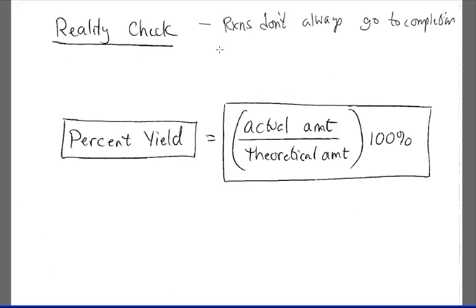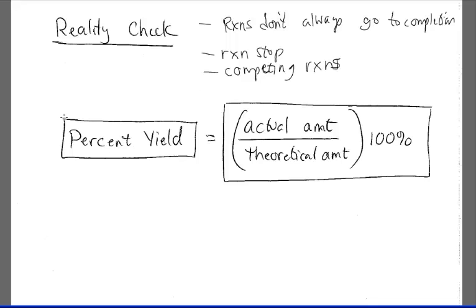Often the reaction may stop at some point, or there may be competing side reactions to form other things. But for whatever reason, reactions often don't go to completion, and ammonium dichromate is one example.